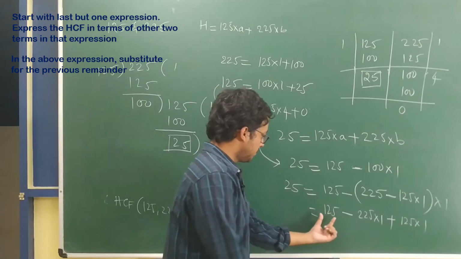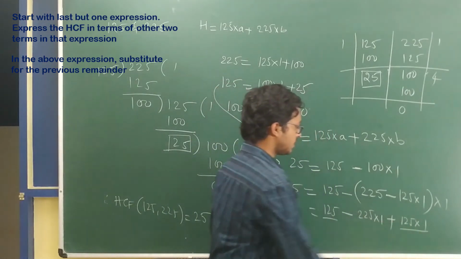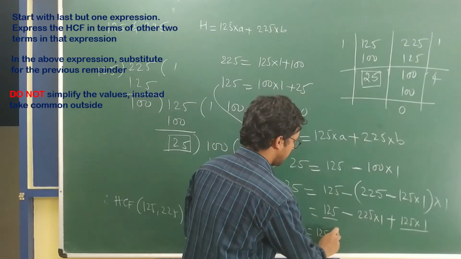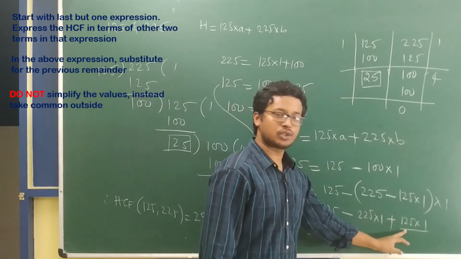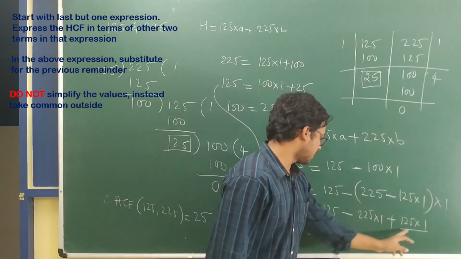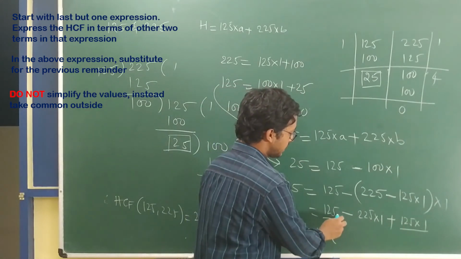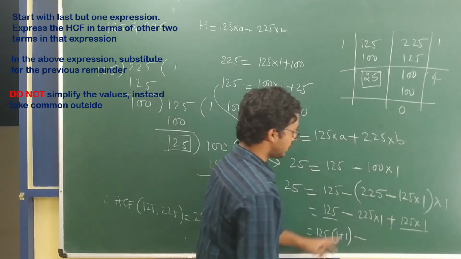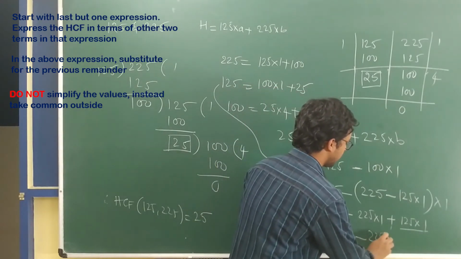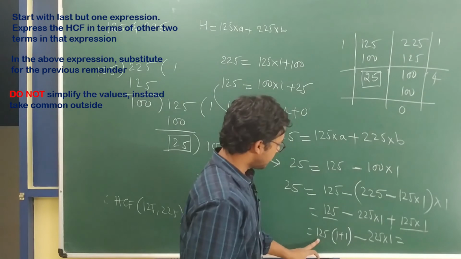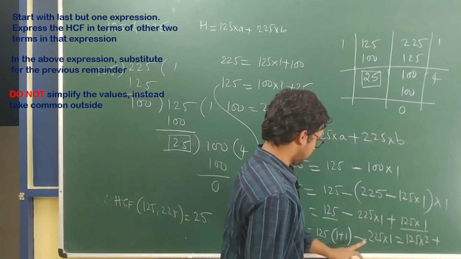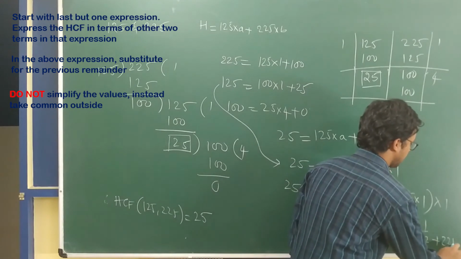If you see between these two, you can take 125 outside. If you take 125 outside, never multiply them. Please don't multiply them. So you take 125 outside. Here there is nothing, so 1 remains here, plus 1, minus 225 into 1. So it is 125 into 2 minus 225 into 1.